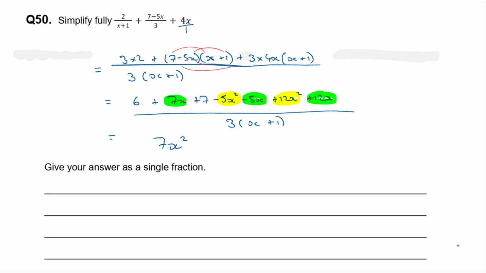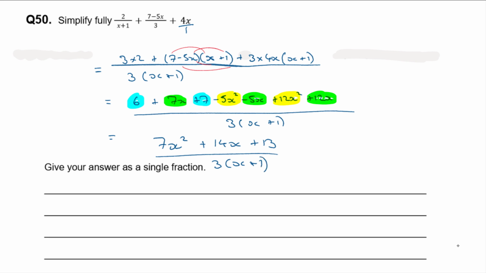So 12 and 7 make 19, take away 5 is 14x, isn't it? So it's going to be 7x squared plus 14x. And then I've got numbers, 6 and 7, which adds up to 13. Okay, so I get 7x squared plus 14x plus 13 all over 3 lots of x plus 1.